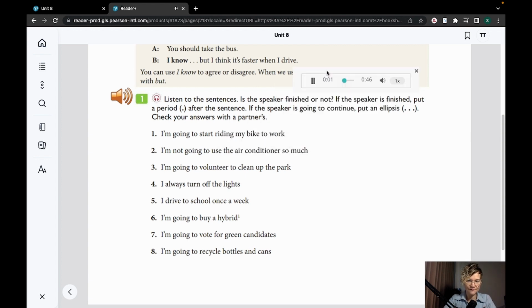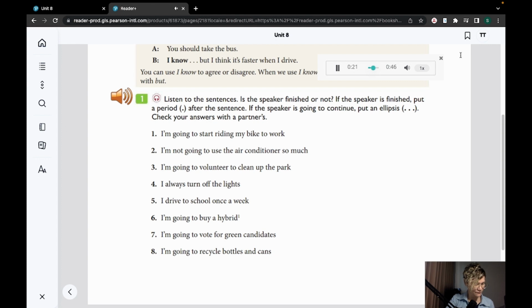1. I'm going to start riding my bike to work. 2. I'm not going to use the air conditioner so much. 3. I'm going to volunteer to clean up the park. 4.